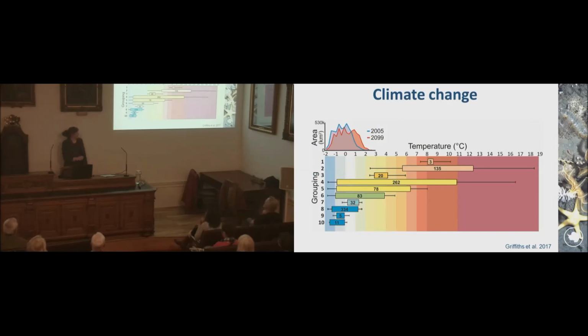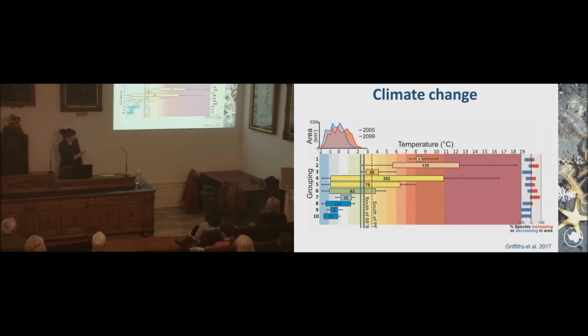So we grouped our 1,000 species along temperature ranges, from -2 degrees to +19, which was the range we could find in our 1,000 species, and saw what the limits of these species are, where they occur, and when the temperature changes, which species will be affected. The blue line here shows you the current south of 60 and south of the polar front.